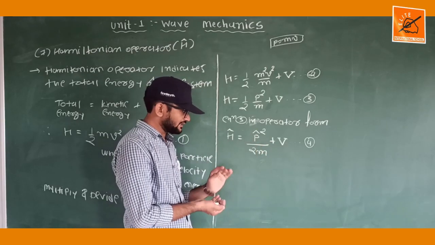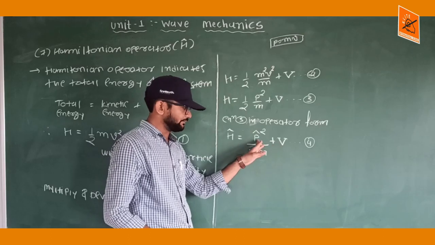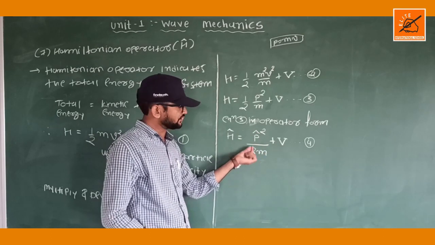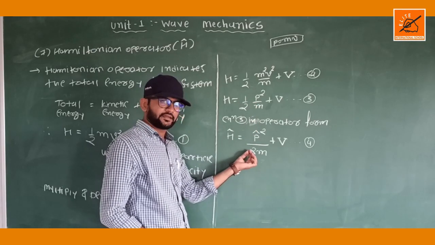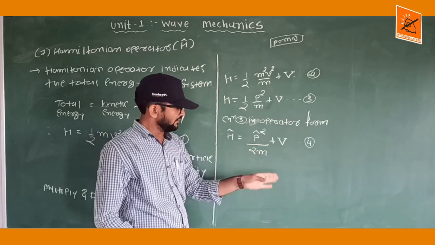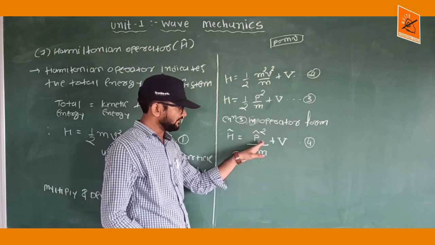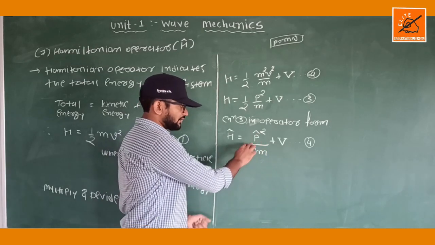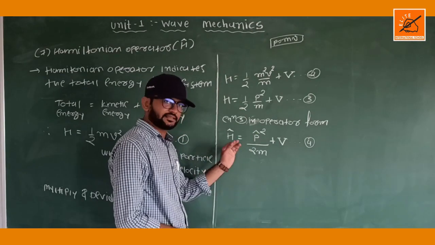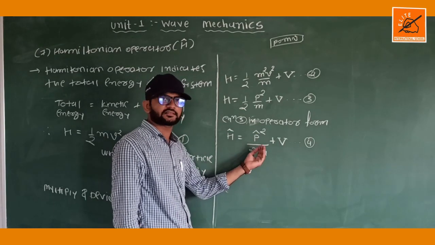Suppose an electron is traveling along the x direction, then p cap x square. If the electron is traveling along the y direction, then p cap y square. If along the z direction, then p z square. Now we write the momentum operator in terms of 3 coordinates: first x, second y, and third z.